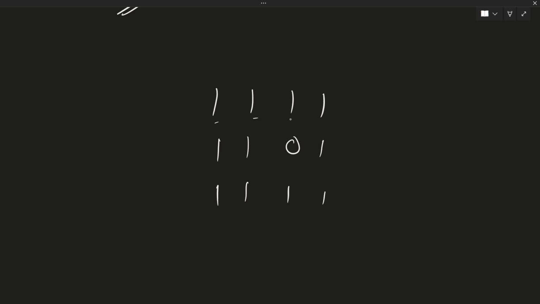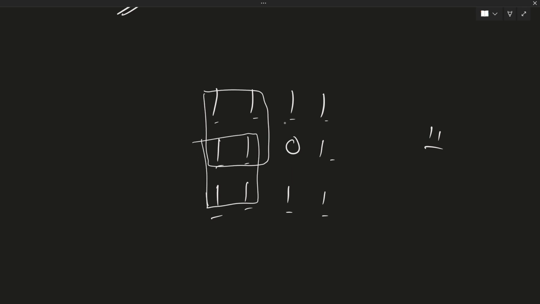So 1 2 3 4 5 6 7 8 9 10 11. So first we have 11, then we have this 12, then we have this 13. Okay, so the total is 13 and we cannot form more squares. So yeah, this is our answer.